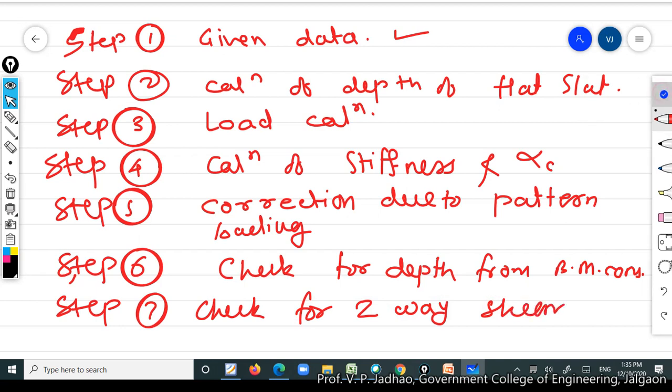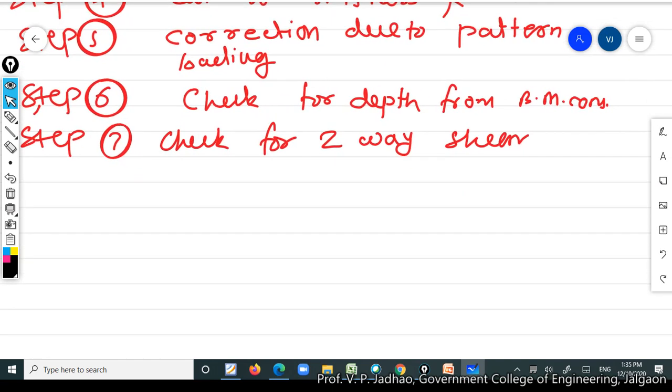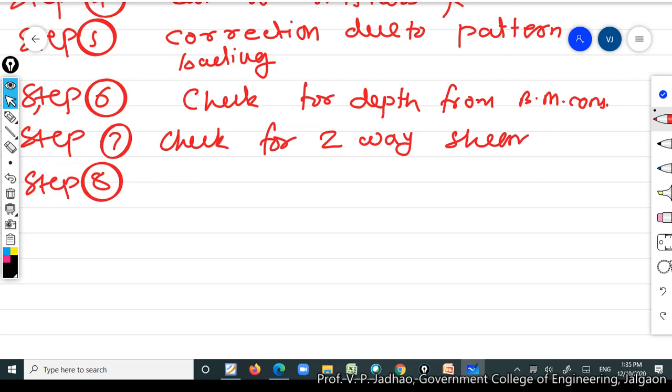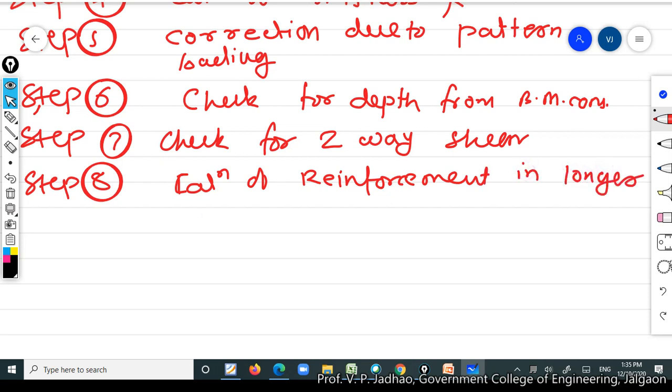Then the next step is step number 8, calculation of reinforcement in longer and shorter direction.